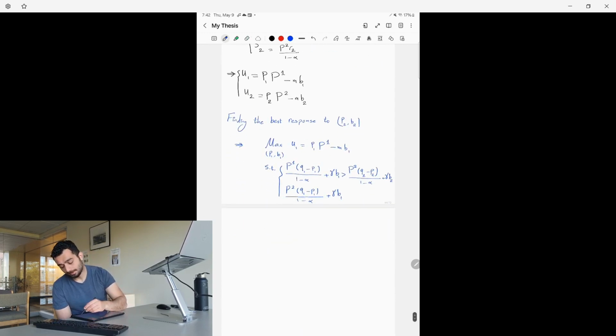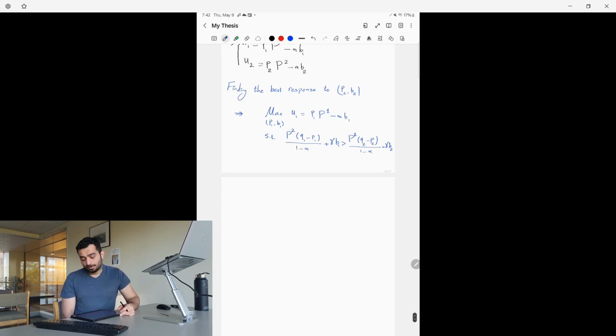So I can just change this to P2, change this to P1, right? So we have two variables, one constraint.